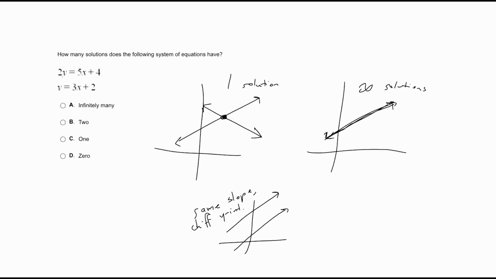Because then they'll just never intersect. They'll just keep moving in parallel in both directions towards infinity. So here we have 0 solutions. 1 solution, infinity solutions, 0 solutions.